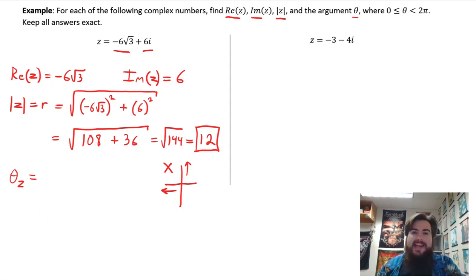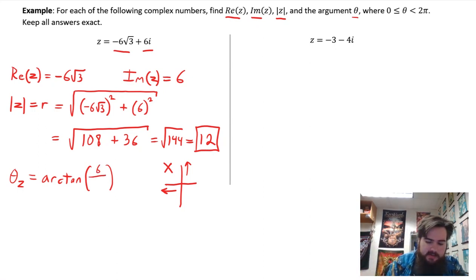The way we are going to calculate theta, however, is the same way that we would calculate theta when taking a rectangular coordinate to a polar coordinate. All we need to use is arctangent of, instead of y over x, the imaginary over the real. So that would be 6 divided by -6 root 3.